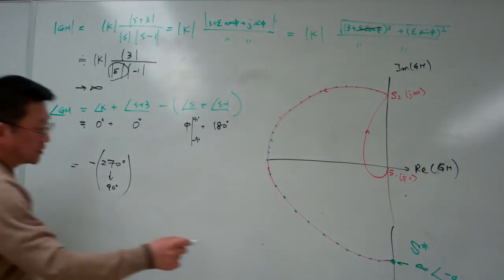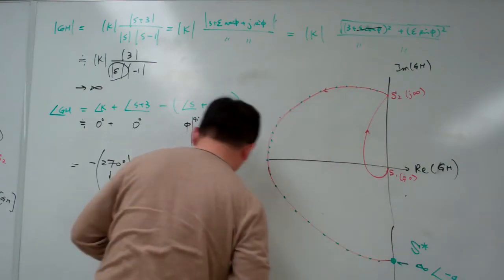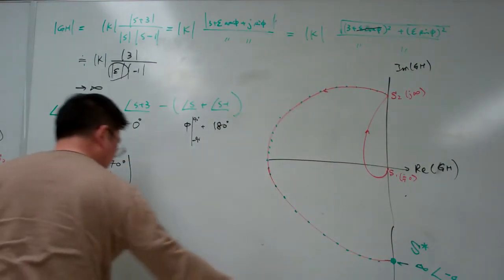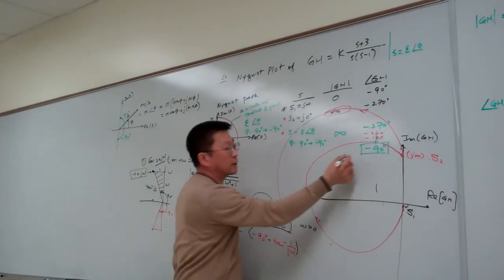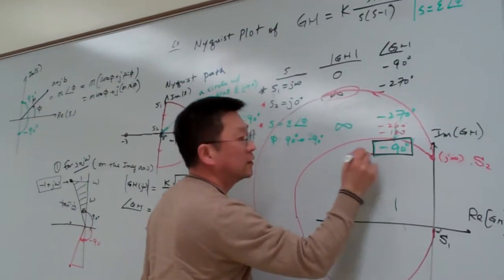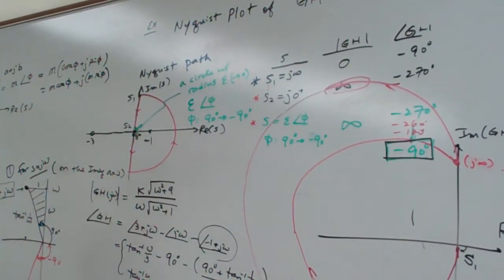The S star is this point, and that point corresponding to our plot is this one. That point just below the origin is S star here. Okay? We good? And in our calculation, the last point would be 3.